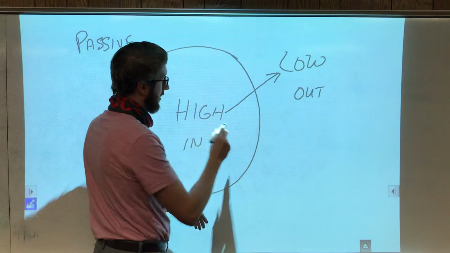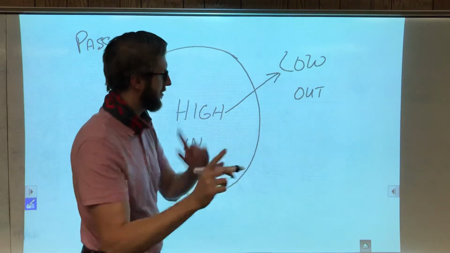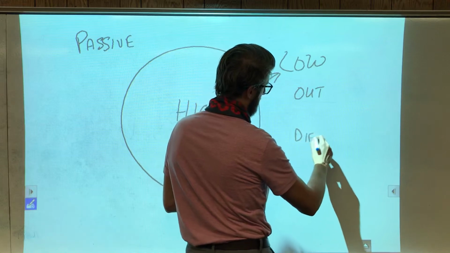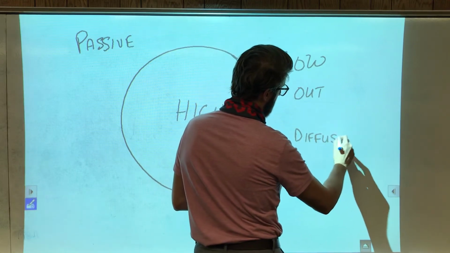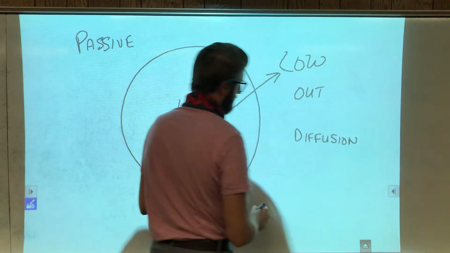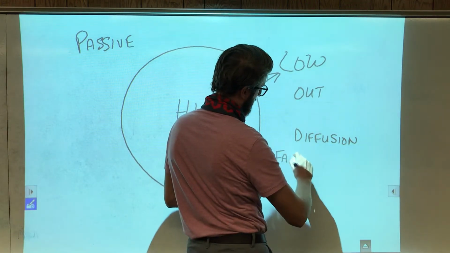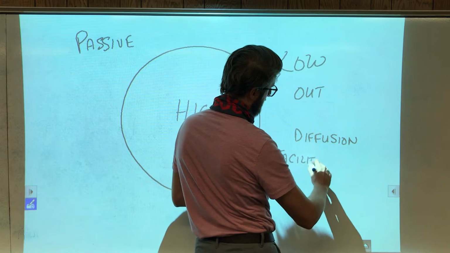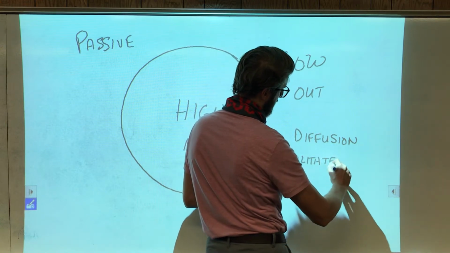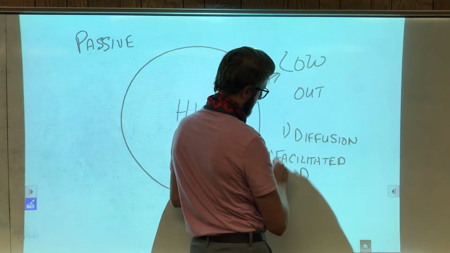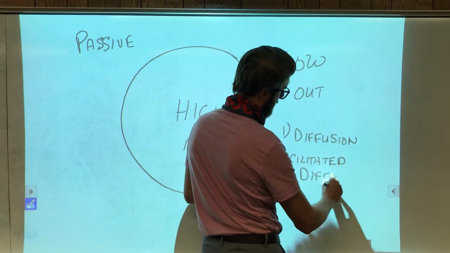Now, once again, there's three different kinds that I'm going to tell you about. There's diffusion, then there's facilitated diffusion. Make that 1 and 2 so you don't get confused.